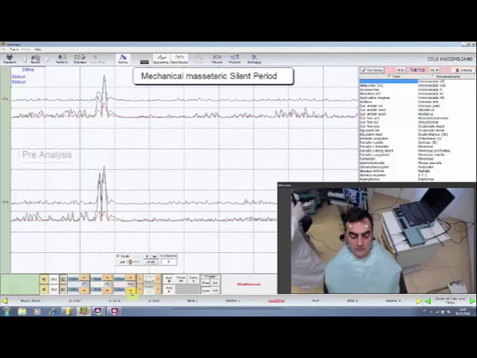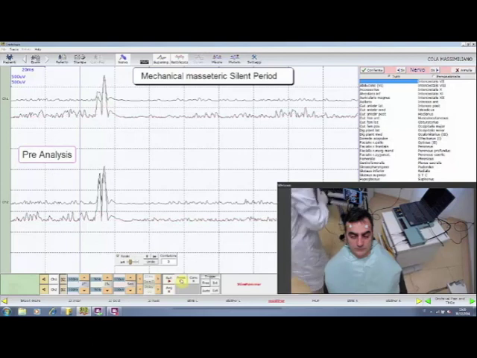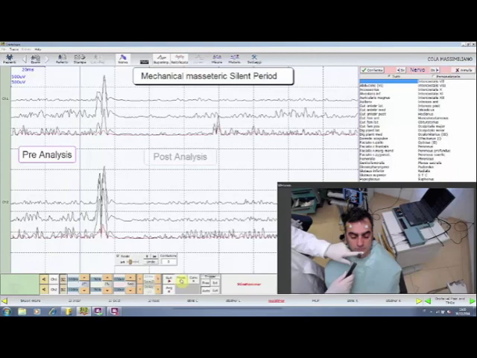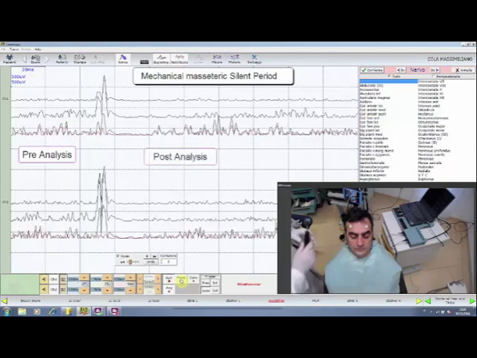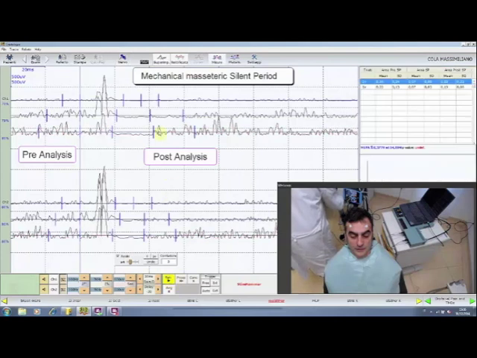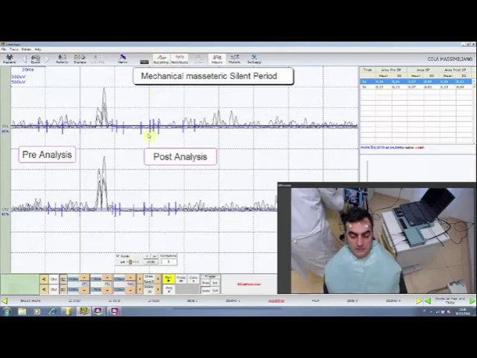The first part, called pre-analysis, is not modulated by excitatory nor inhibitory reflex components. The second part, called post-analysis, is modulated by the excitatory as well as by the inhibitory reflex components that generate not only the jaw jerk but also the masseteric silent period.